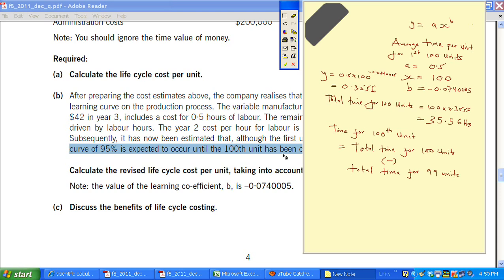So this is the basic formula I'm going to use. The total time for 100 units is already given here, but what I don't have is the total time for 99 units.